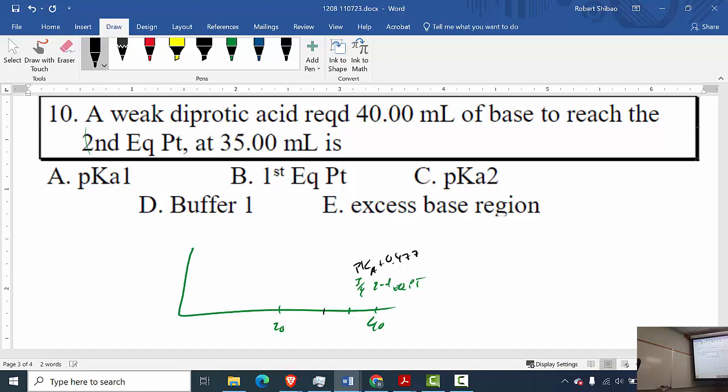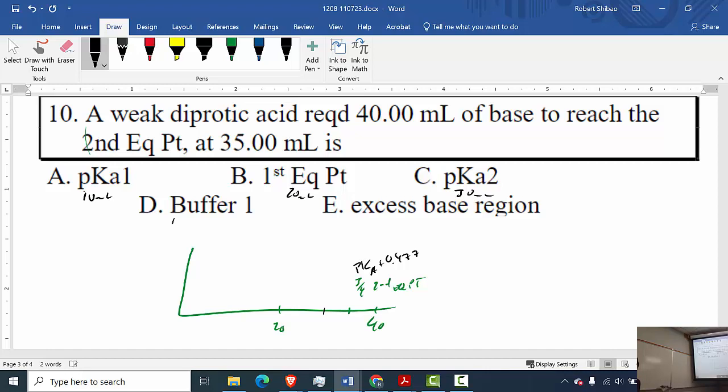No. If it were past pKa2, then E would be the correct answer. Because pKa2 shows up at 30 milliliters, pKa1 shows up at 10 milliliters, the first equivalence point is at 20 milliliters, and pKa2 is at 30 milliliters.